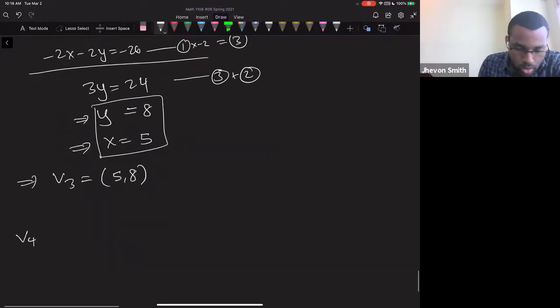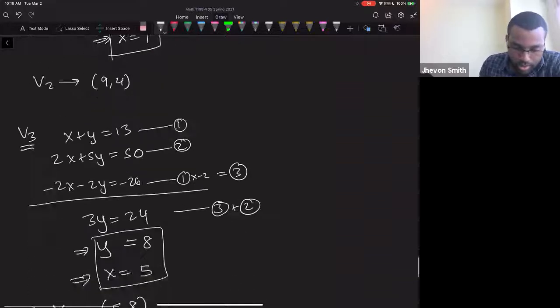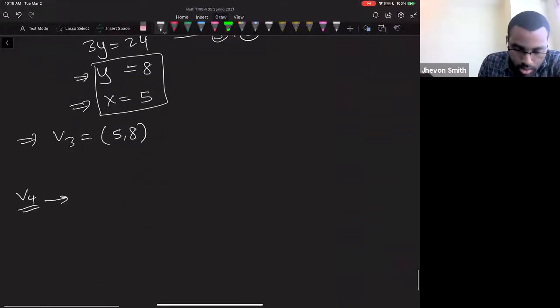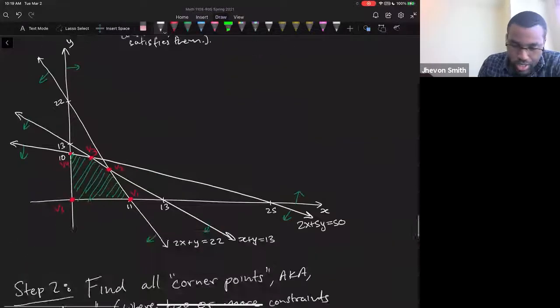Moving on to V4. V4 is actually a y-intercept, so that's kind of easy, (0, 10). V5 is also easy, that's the origin.